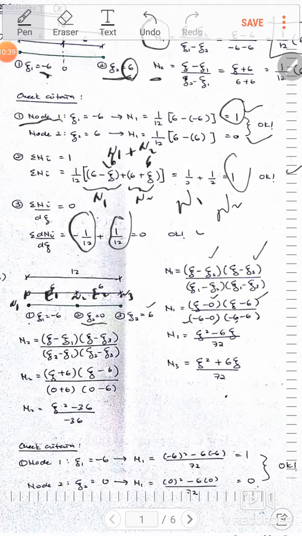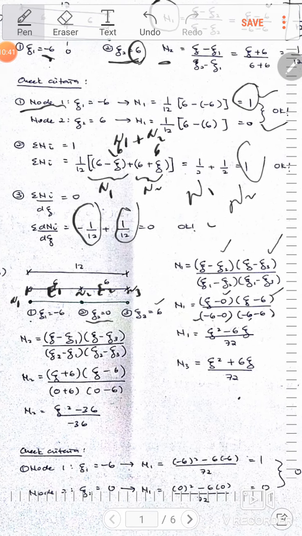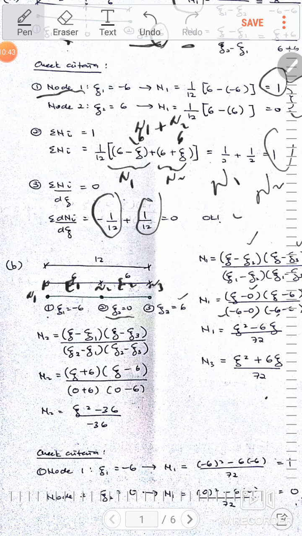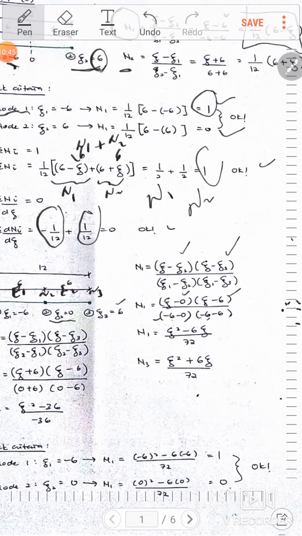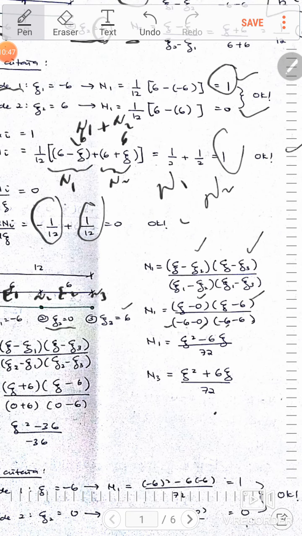Okay, second node. Actually, after I multiply, I got the N1 like this, or this is the equation of node number 1.